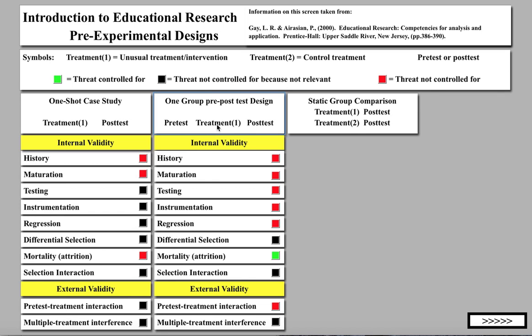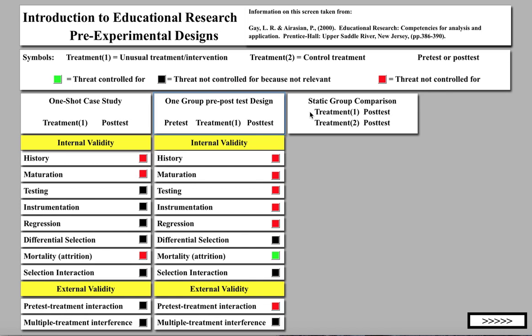So this design also has many threats to internal validity and external validity that are not controlled for. And so it becomes a very weak design also.